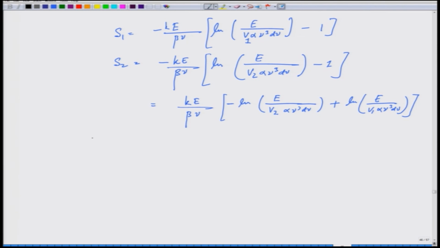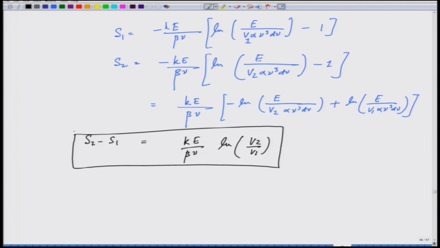So, this gives S2 minus S1 is equal to K E over beta nu log of V2 over V1.